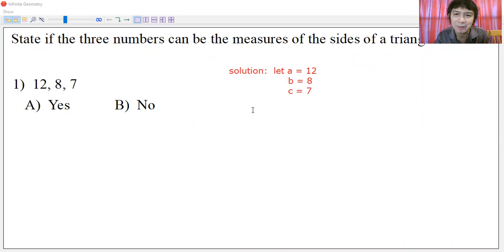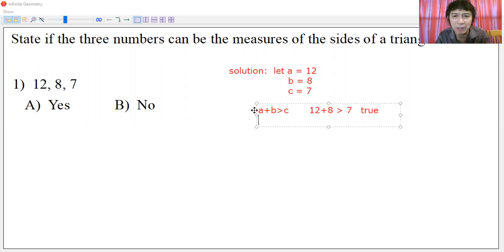Let's see that A plus B is greater than C. Will that be true? We have 12 plus 8. Will that be greater than 7? That will be 20 greater than 7. That looks like true.